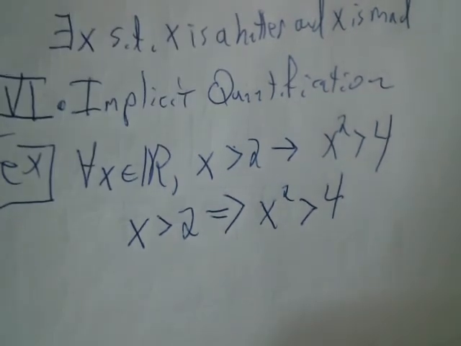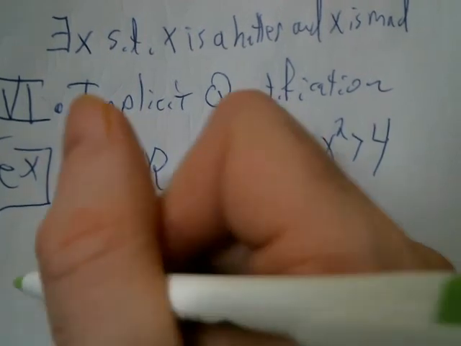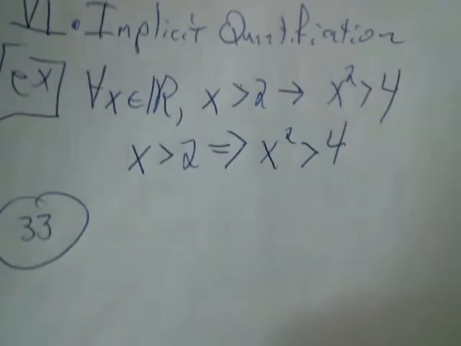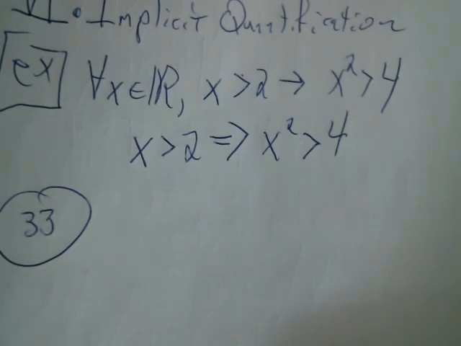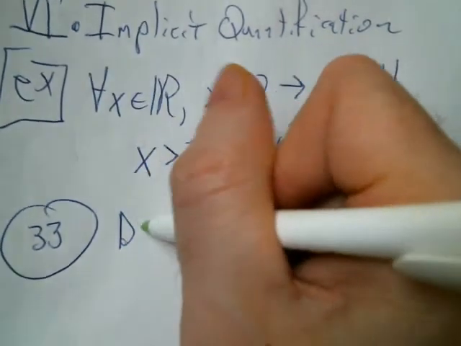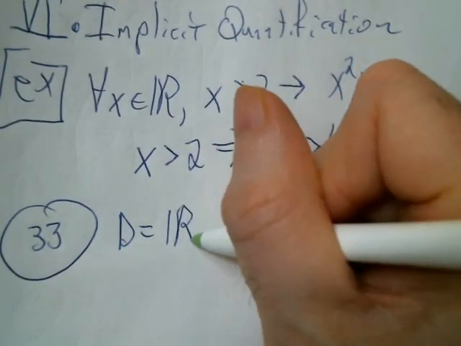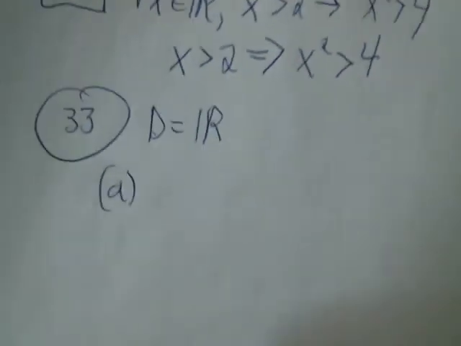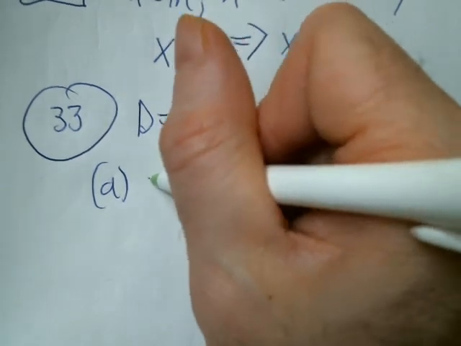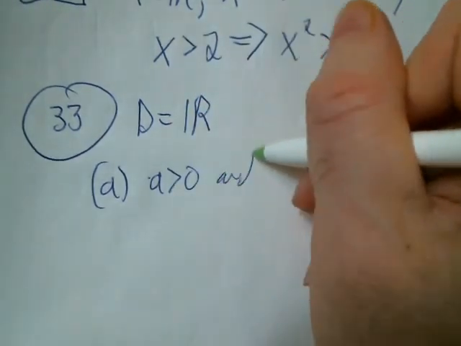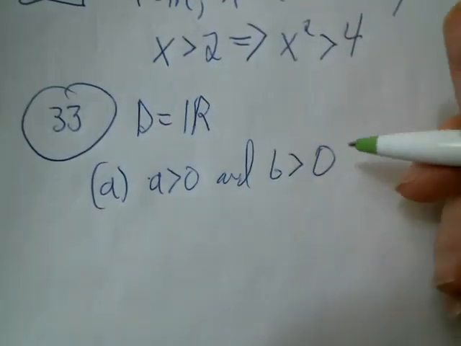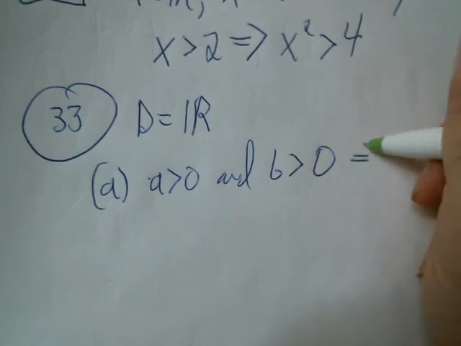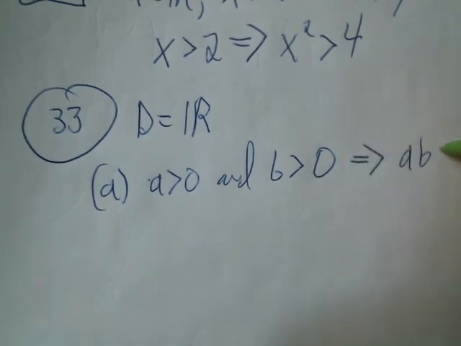Let's look at one of the problems in the book associated with that, number 33. The domain in this case is given as the real numbers, and you have to determine if the statements are true or false in the real numbers. Part A: a is greater than 0 and b is greater than 0. Does that imply a times b is greater than 0?